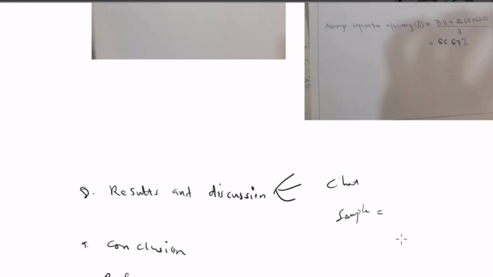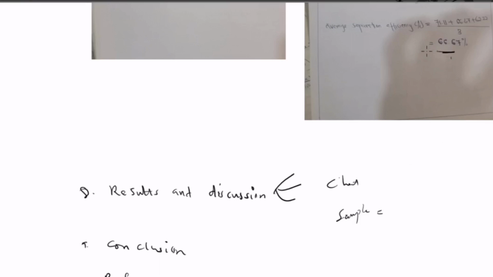It's going to generate it for you, but please go through it very well to see that it tallies with the experiment you are doing, and then you can look through and make some sentences from this, and you write your result and discussion. So from your experiment, the data sheet and the calculation and evaluation, for example, we had the average separation efficiency to be 66.67.